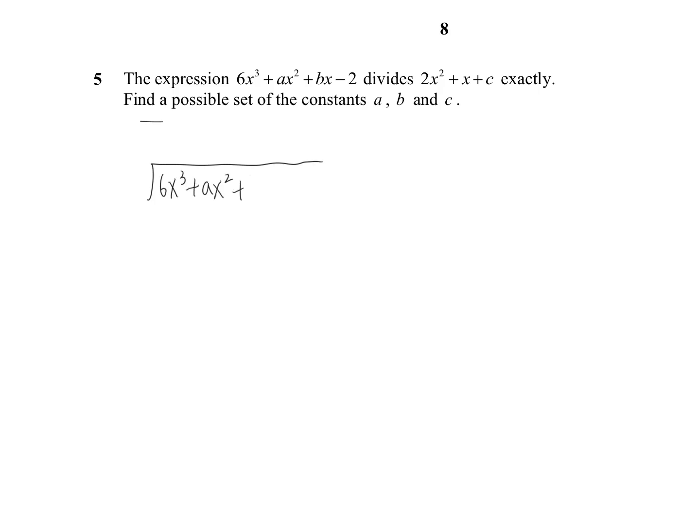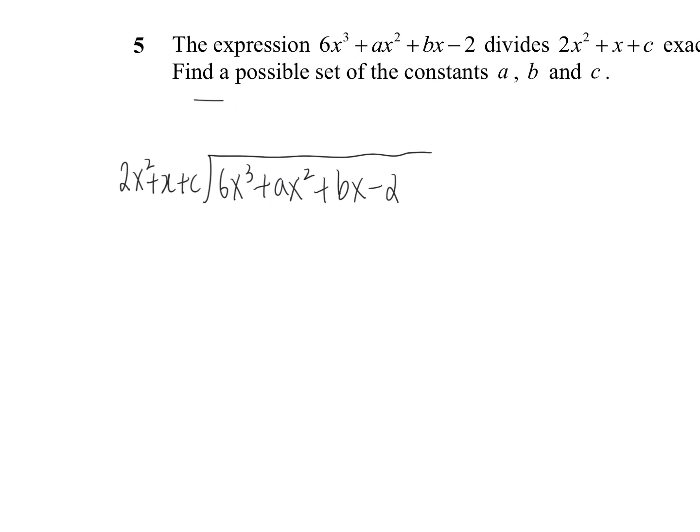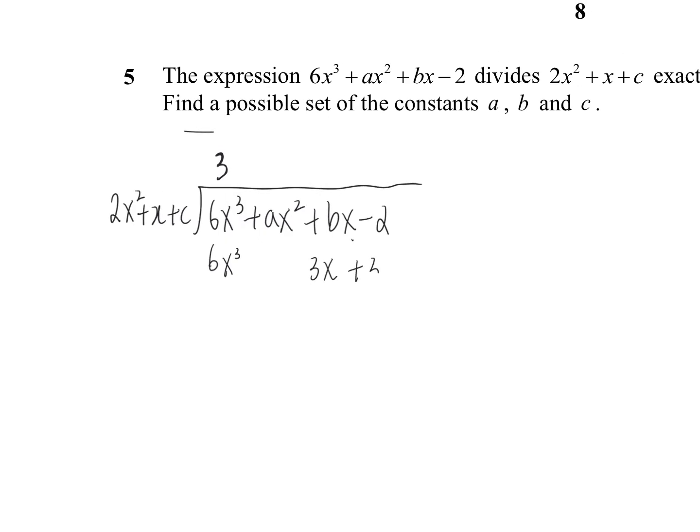Those of you who really like long division, you would have done this. First thing you want to eliminate is the 6x cubed. So this must be a 3. So it will be 6x cubed, 3x goes here, and then plus 3c.